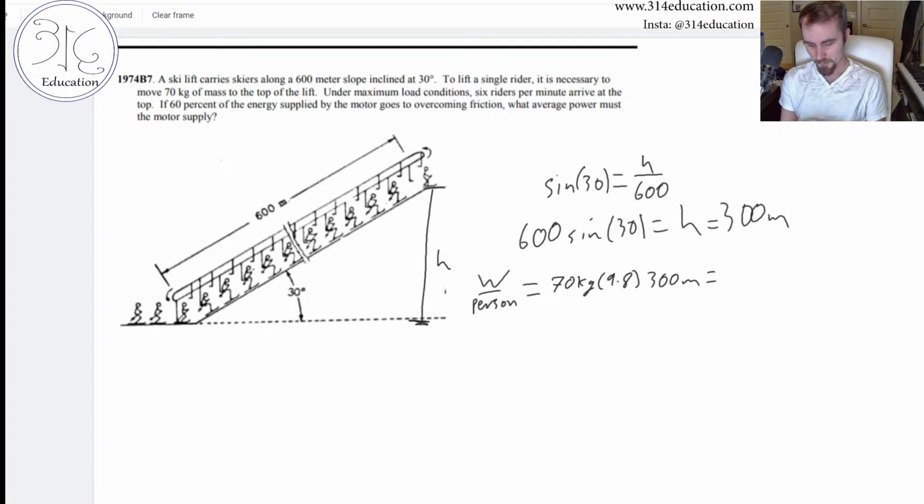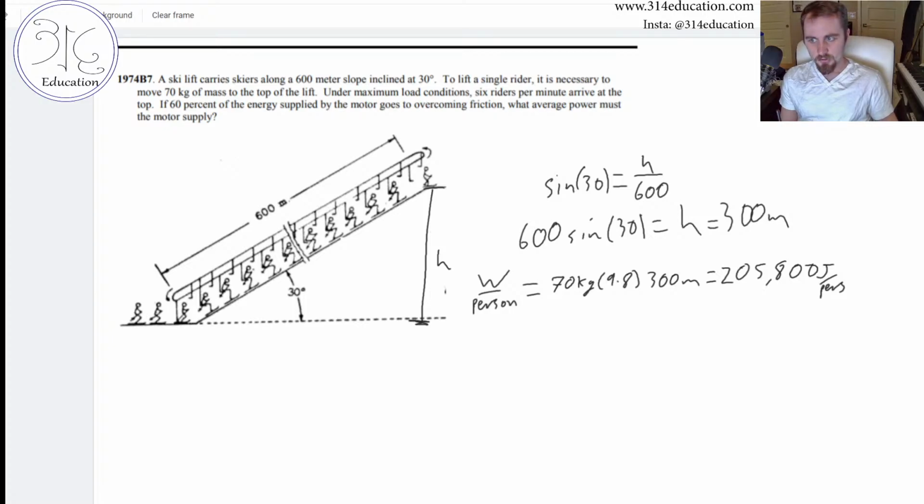Ballpark? 300 times 70 times 9.8. Less than 21,000. In fact, no, higher than that because I was off by an order of magnitude. It'd be 21 times 10,000, but it's reduced a bit because we use 9.8. And that's joules per person that we need.